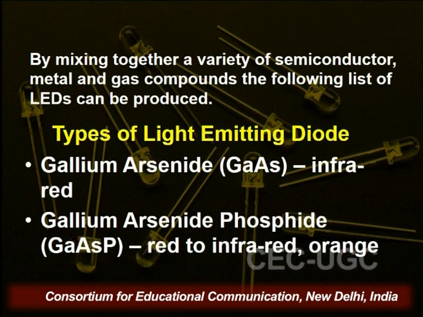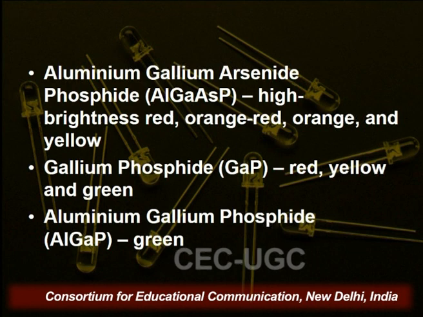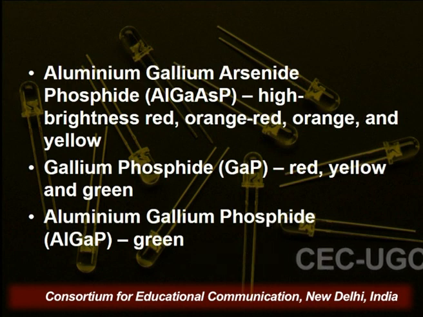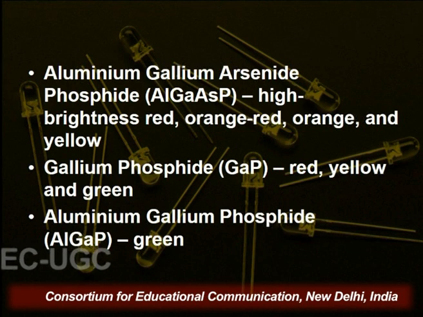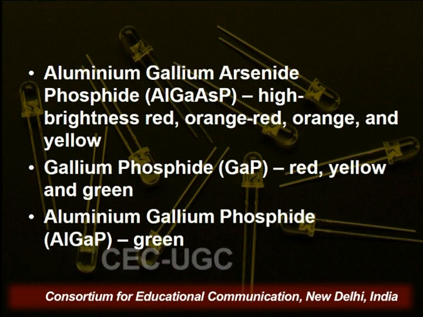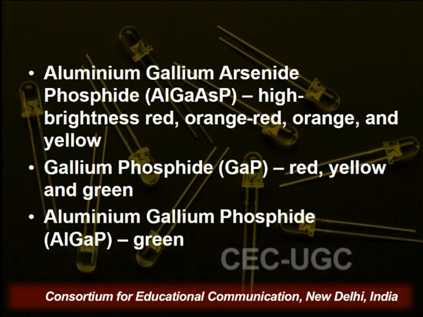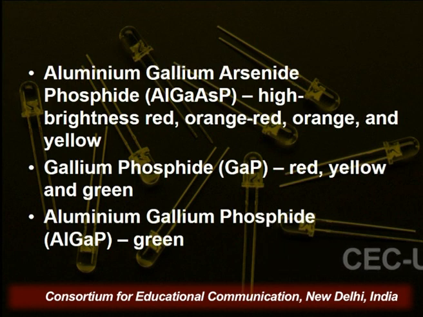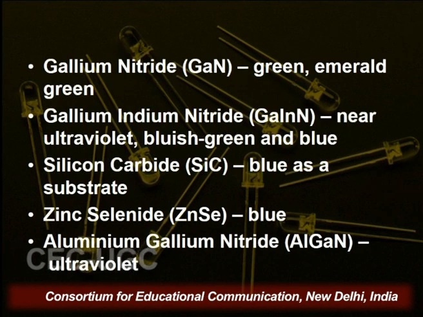Gallium arsenide is infrared, and gallium arsenide phosphide is red to infrared and orange. Another type is aluminum gallium arsenide, which gives high brightness red, orange and yellow. Gallium phosphide alone presents red, yellow and green color. Aluminum gallium phosphide also produces green color.